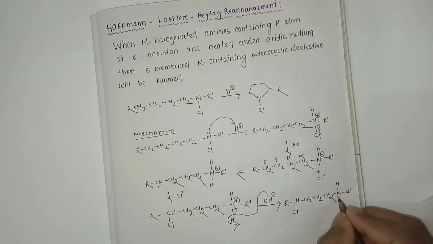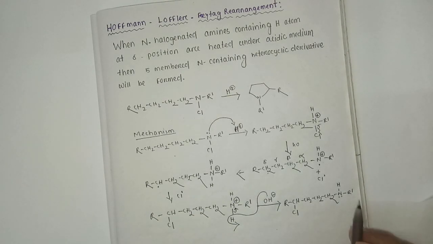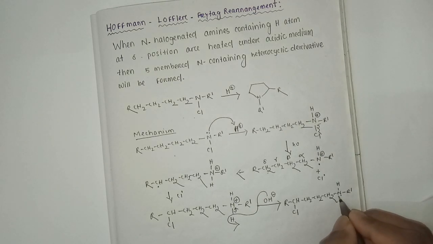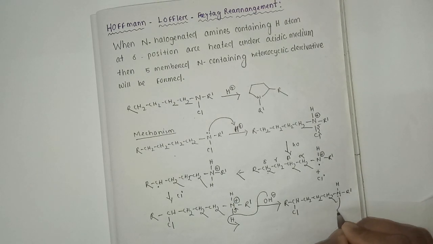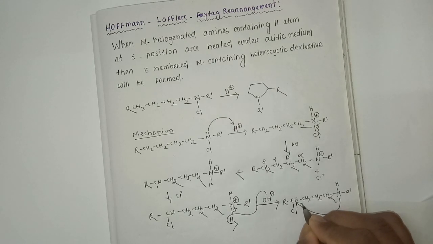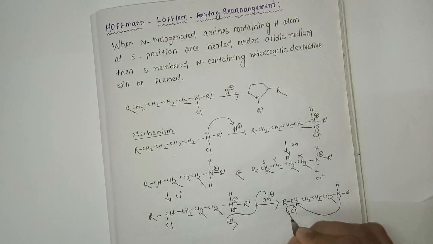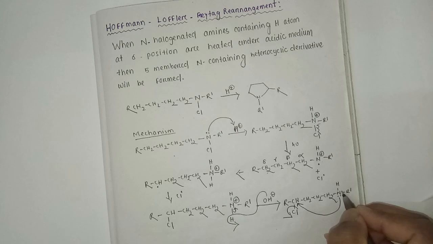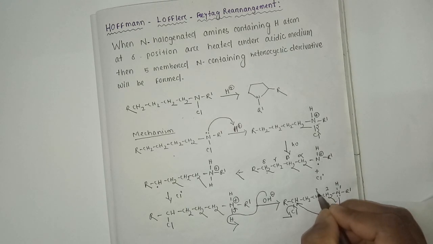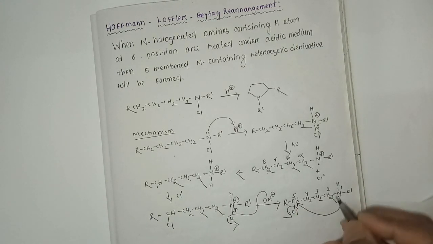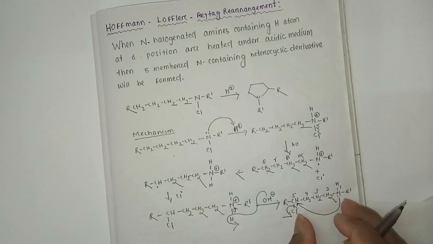We know that nitrogen has a lone pair of electrons. This lone pair of electrons will attack this side and the chlorine will be removed. Counting 1, 2, 3, 4, fifth, a 5-membered ring is formed.